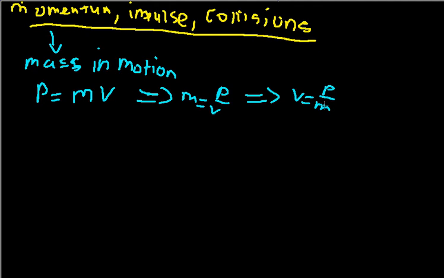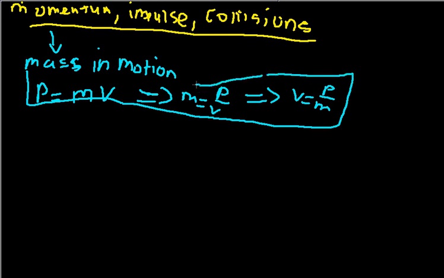So this lets you solve for pretty much anything with having to do with finding the number of either momentum, mass, or velocity. If you have two of these values, either p, m, or v, then you can solve for the third variable that you don't have.